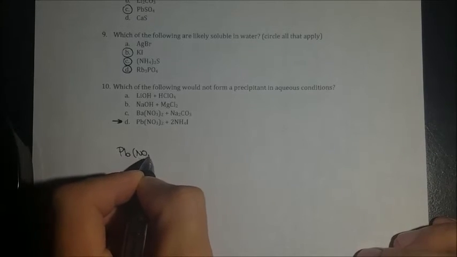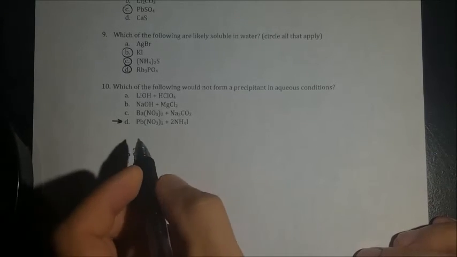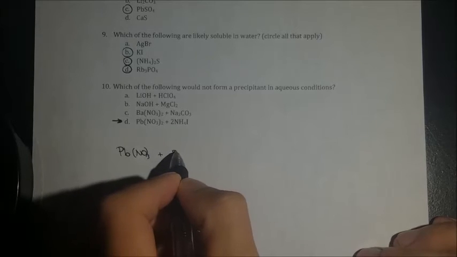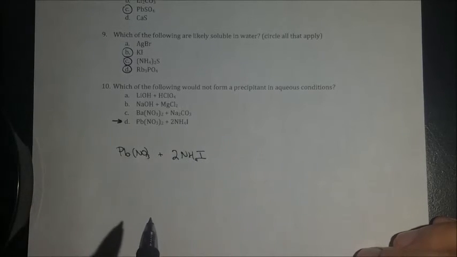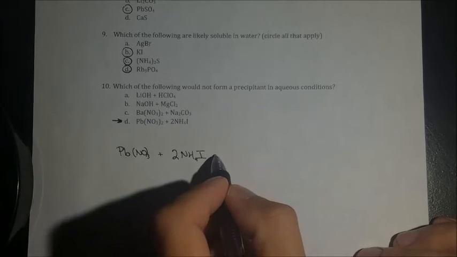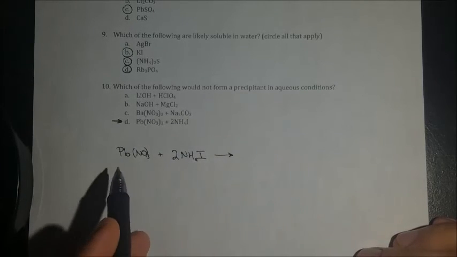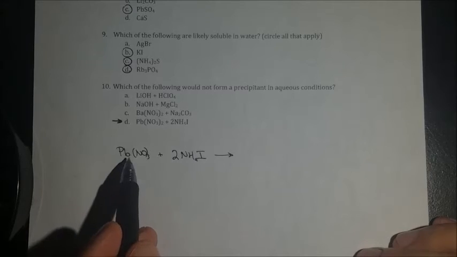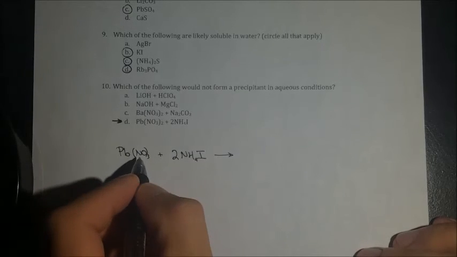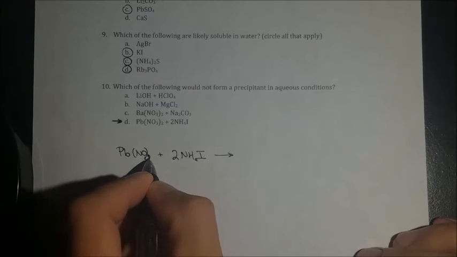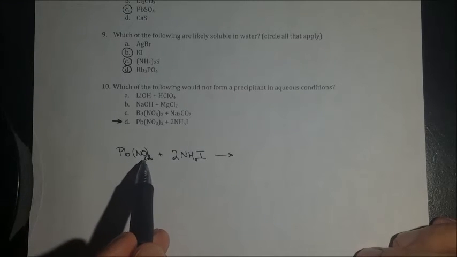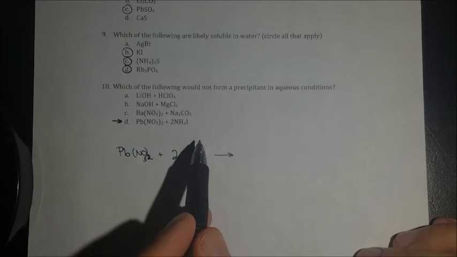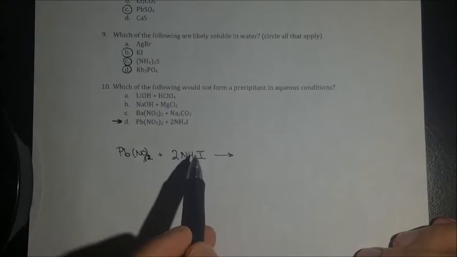Lead nitrate, lead 2 nitrate, plus ammonium iodide. Okay, I'm just getting this from here. And now we're going to do the double displacement reaction. So instead of the lead combining with the nitrate, oops, that's supposed to be a 3 and that's supposed to be a 2, my bad. Instead of the lead combining with the nitrate, now the lead is going to come over here and combine with the iodide.